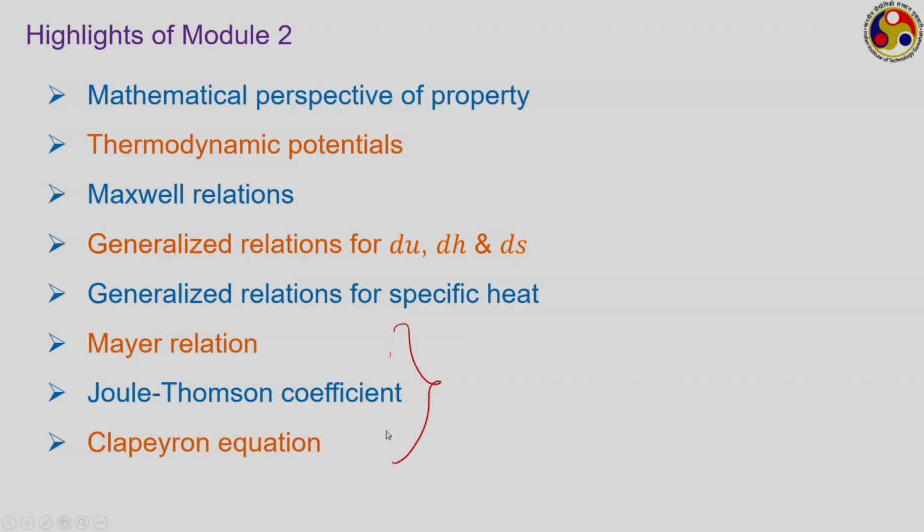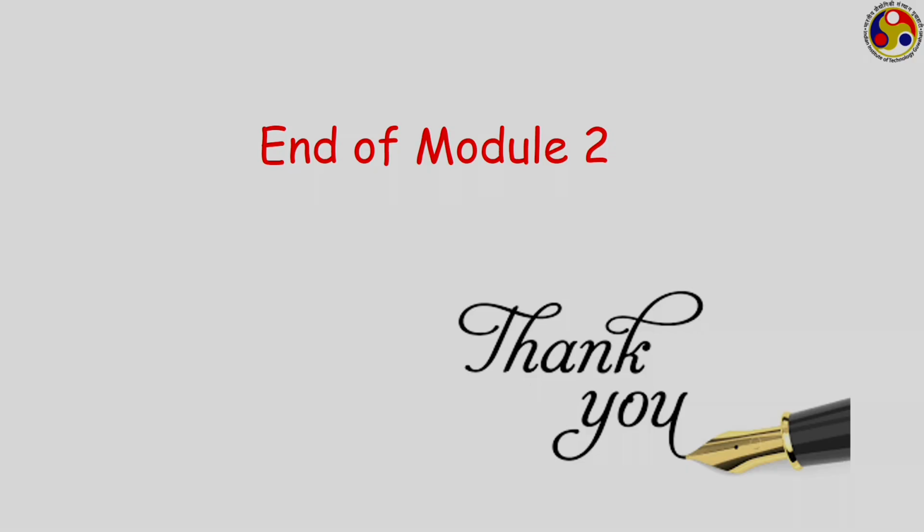So, all these are actually the application of the Maxwell's relations, which allows us to perform thermodynamic analysis in a much easier pattern. So, that takes us to the end of module number 2.